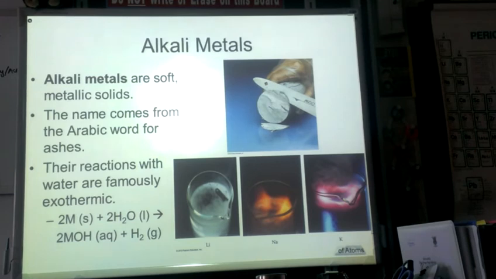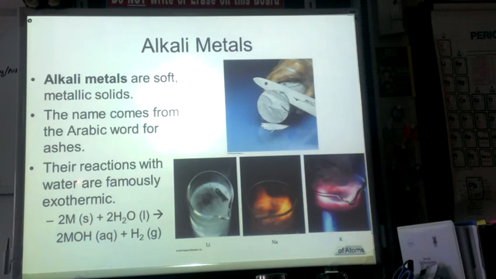Okay, so getting into families, we have the alkali metals. That's group 1A. They typically have a positive 1 oxidation state, or they will form positive 1 ions. They are very soft, metallic solids, and the name comes from the Arabic word for ashes, and that's because when they react with water, they are incredibly violent in their reaction.